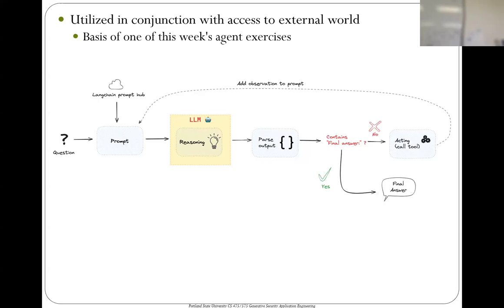If not, then if the output has a tool call, I'll call the tool that accesses the external world. I'll get the results back, and then I will re-reason about this trace to figure out what the next step is. And I keep on doing this in a loop until the output that the LLM produces says, I know the final answer, and I'm going to emit it.